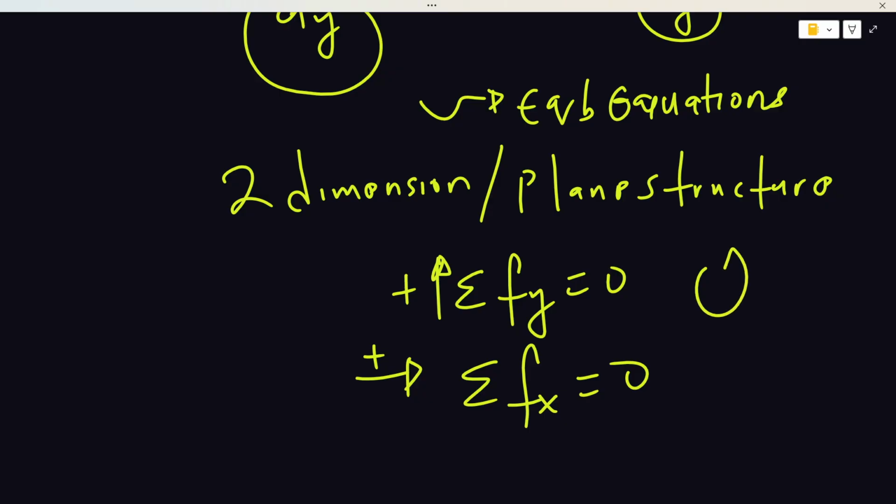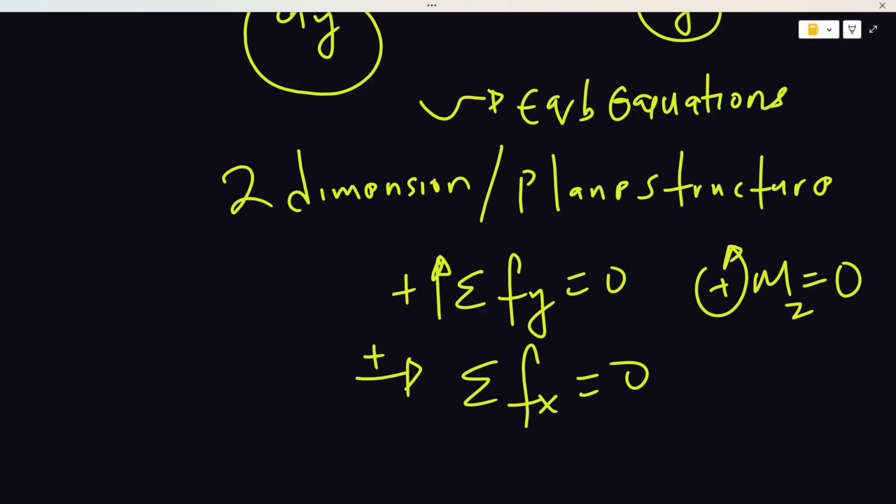And let's give it a counterclockwise moment, positive. M about a point is equal to 0. Of course, let's say Mz. For those that have used software like Robot Structural and STAAD Pro, you understand what I mean. So I gave it Mz because of something.